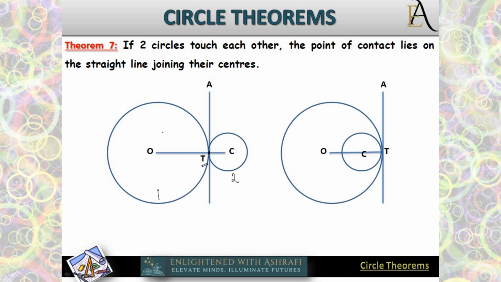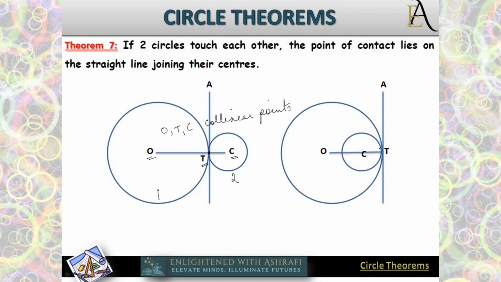So we come to know that O, T, C are collinear points, where O is the center of circle 1 and C is the center of circle 2. T is the point where the two circles are touching each other.